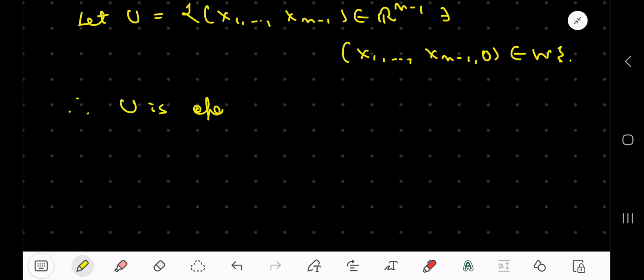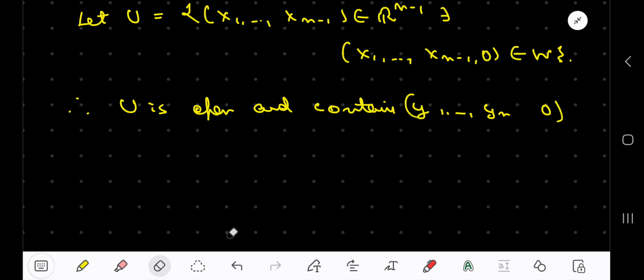Therefore U is open and contains the coordinate y1 till yn minus 1, 0, because it satisfies this condition.